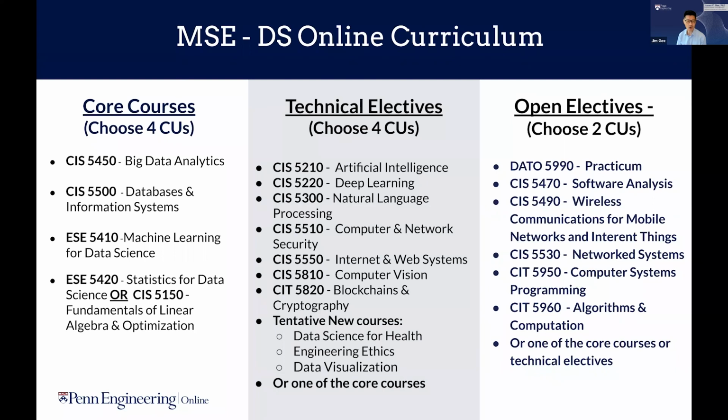In particular, the core curriculum includes CIS 5450, big data analytics. In the new era of big data, we're increasingly faced with the challenges of processing vast volumes of data. Given the limits of individual machines, increasingly the solution is to process the data in parallel on many machines. This course focuses on the fundamentals of scaling computation to handle common data analytics tasks.